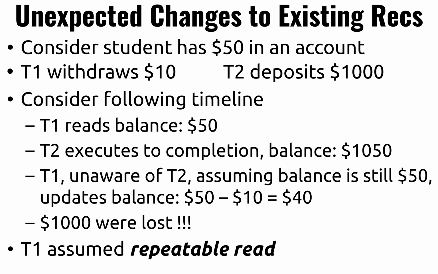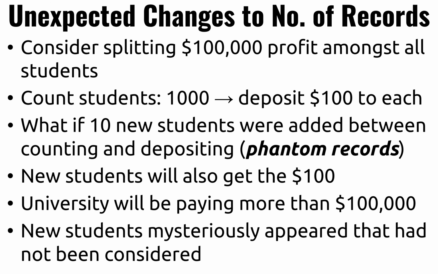But because the database was not set up to guarantee a repeatable read, we get these types of inconsistencies, right? So T1 assumed that it was going to be able to repeat that same read.